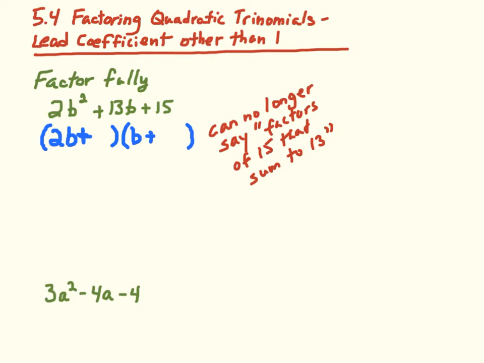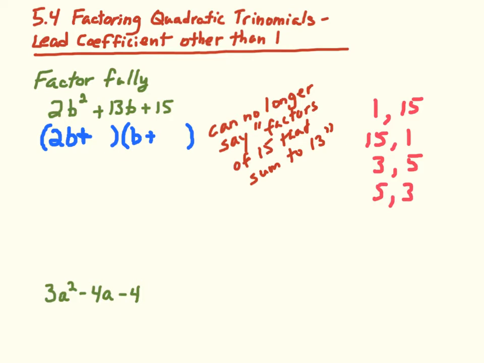When I think about what I could put in there, I could put the 1 in the term with the 2b, put a 1 right there, and a 15. Those would be factors of 15. Again, not that sum to 13, but just that would work here, and we'll talk about what work means in a second. I could also have 15 and 1. My other factors of 15 are 3 and 5 and 5 and 3.